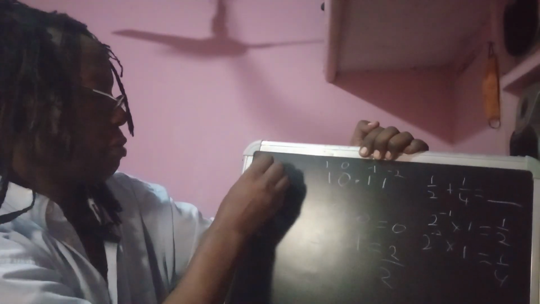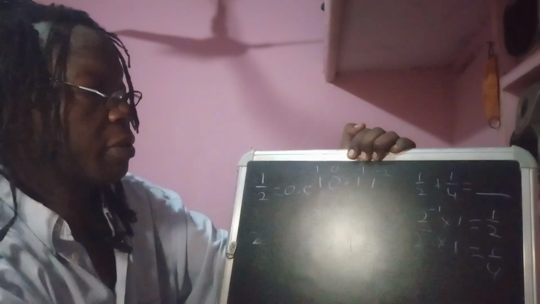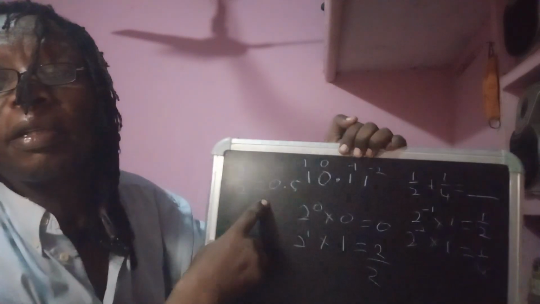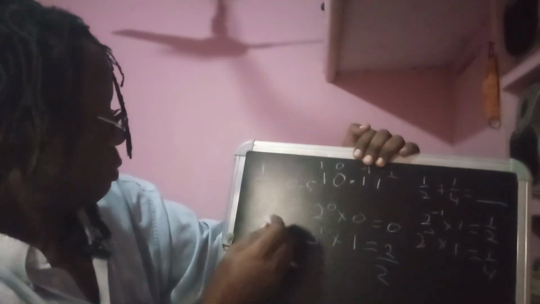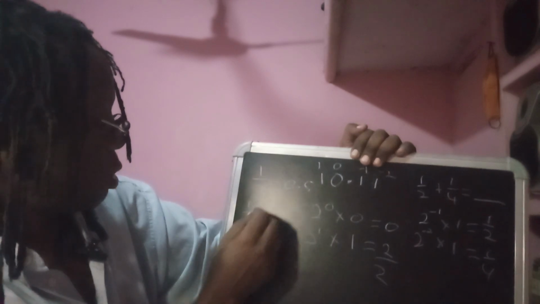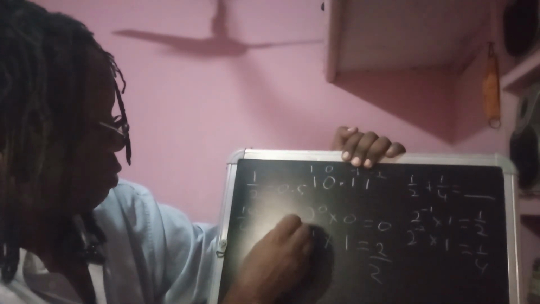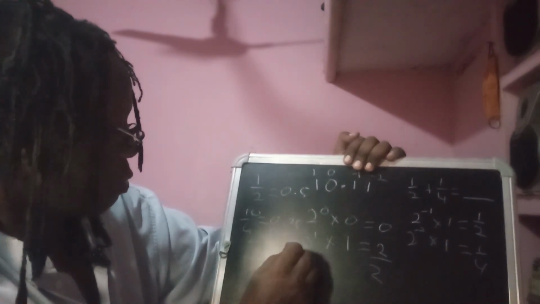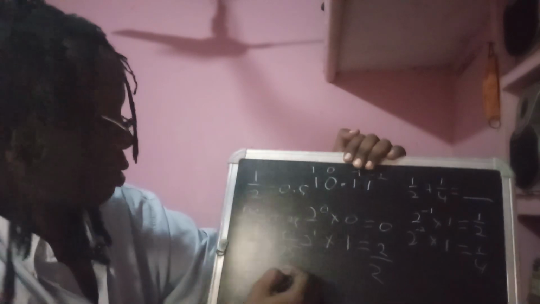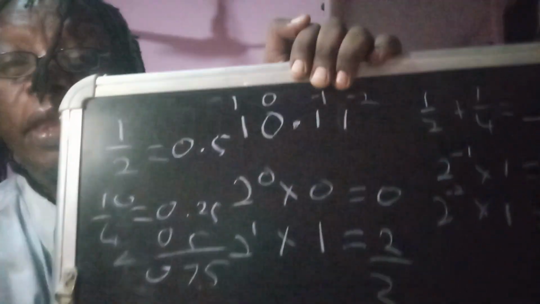Half will give you 0.5, and a quarter will give you 0.25. So when you add these two, it will be 0.75.